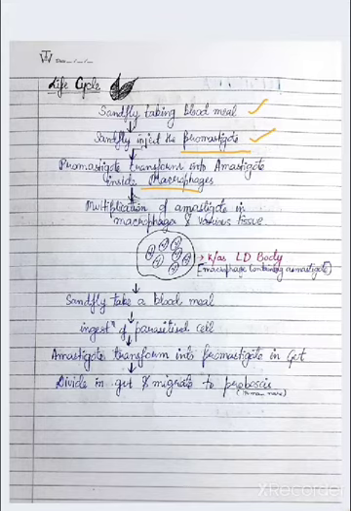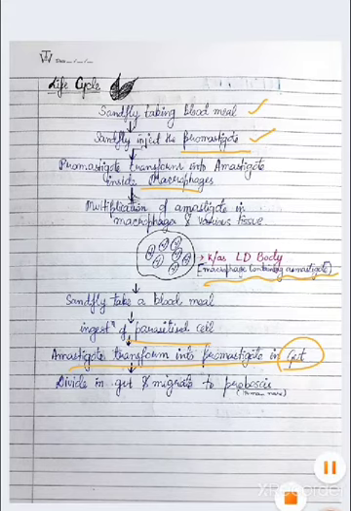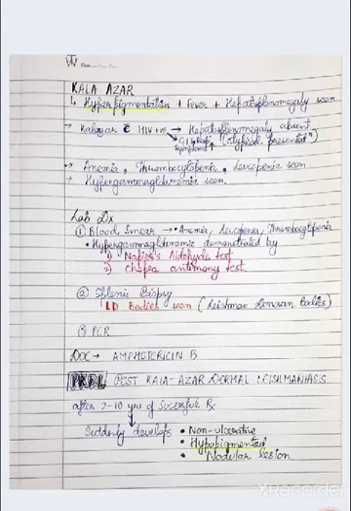So here we can see the LD body, which is a macrophage containing amastigote. So when the sandfly takes a blood meal, there is ingestion of parasitized cells, and amastigote transforms into promastigote in the gut, divides in the gut and migrates to the proboscis.